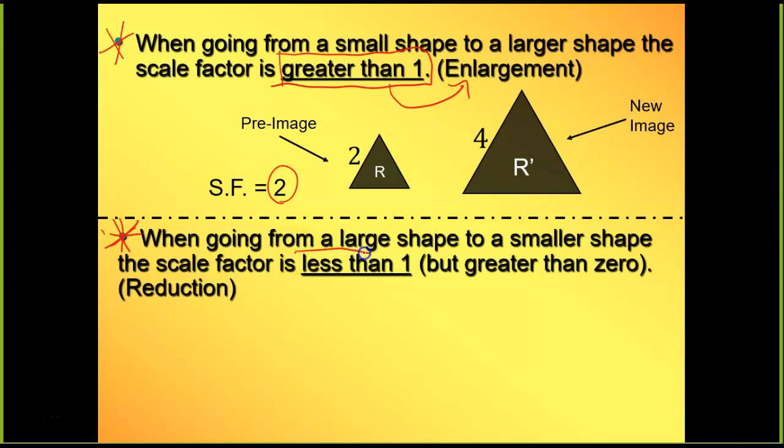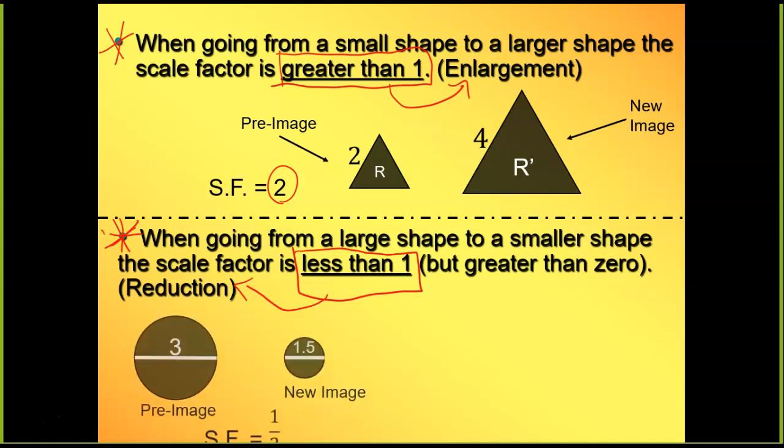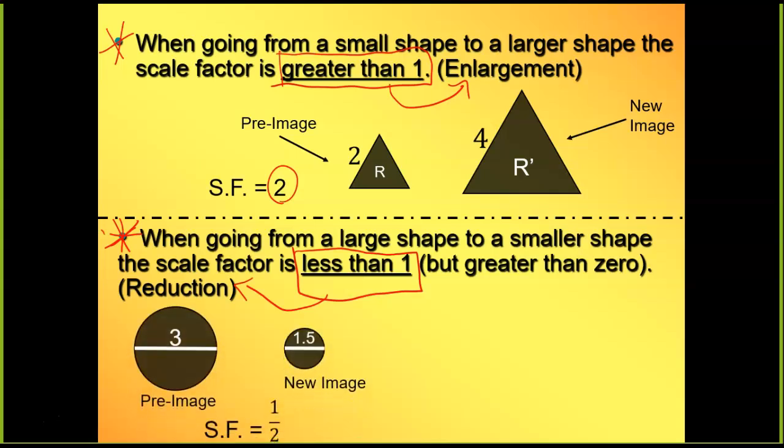Here, if my scale factor is less than 1, it makes a reduction. Remember that when we multiplied by 0.5 or 1/2, my shape got smaller. In that example, my scale factor was 1/2, so it resulted in a smaller image. Again, you don't have to draw the picture, you already drew it.